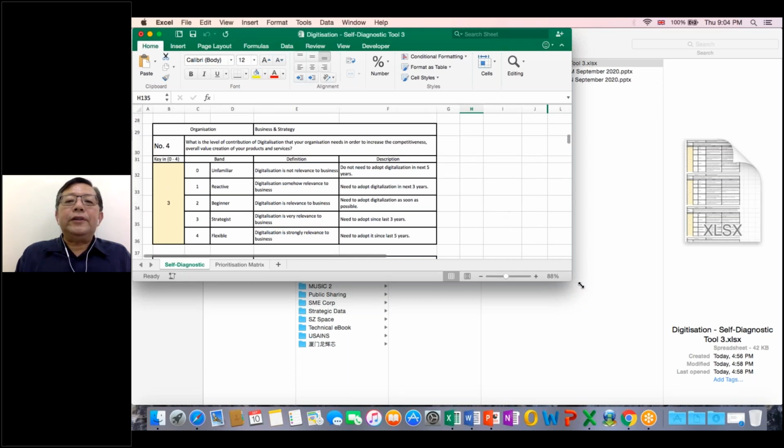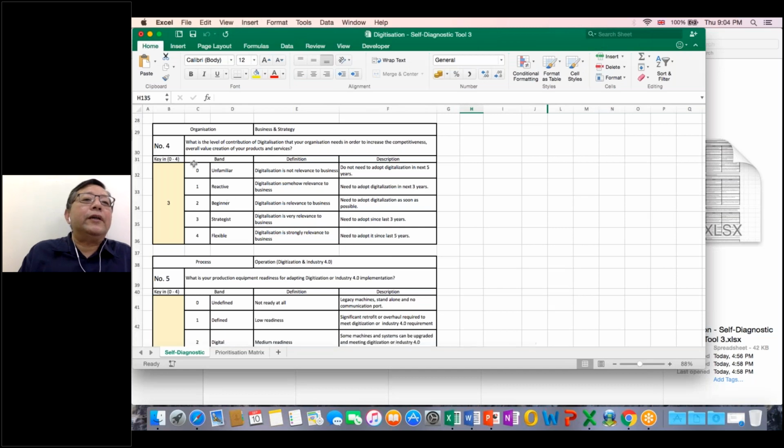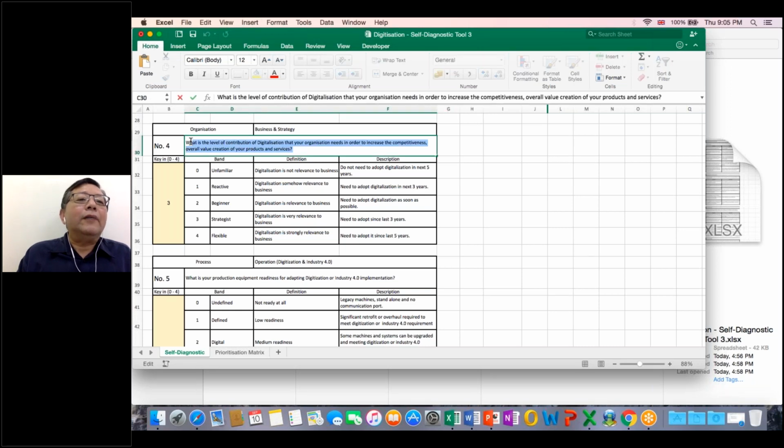Can you see the question? Never mind, I will just read the question again. What is the level of the contribution of digitization to your organization's needs, in order to increase the competitiveness and overall value creation of your products and also services? So the question is asking on this: what is the level of the contribution of this?